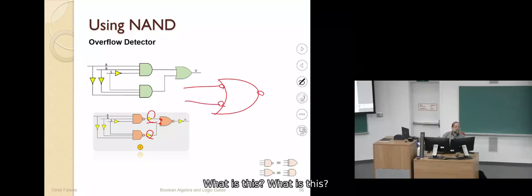What is this? Or no. Because if it was OR, we have to put an inverter here, then it will become NOR. So we have 2 inputs, NOR and then that.